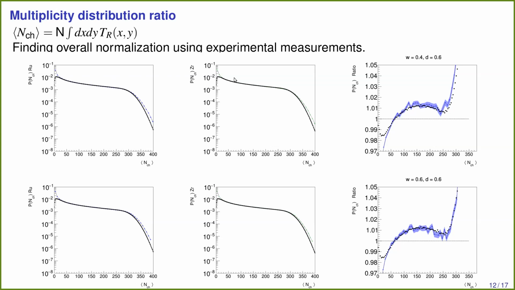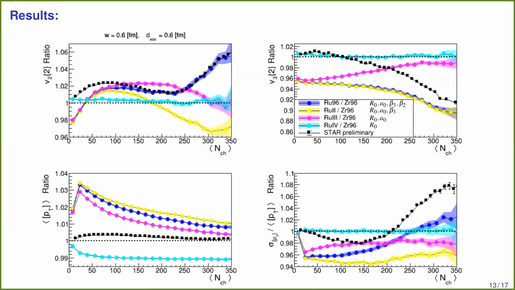Then if you just do the ratio, you see that the ratio fits well with the measurements. I showed just two examples in the parameter space, but you have to do exactly the same thing for each point. Then we can look at some results.